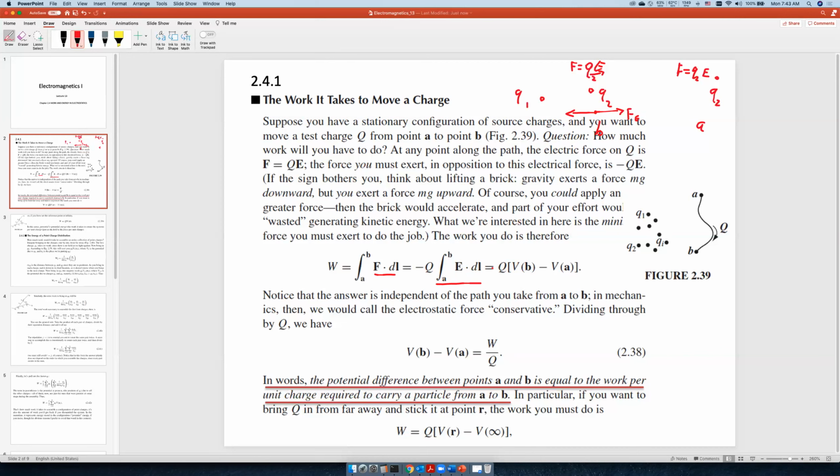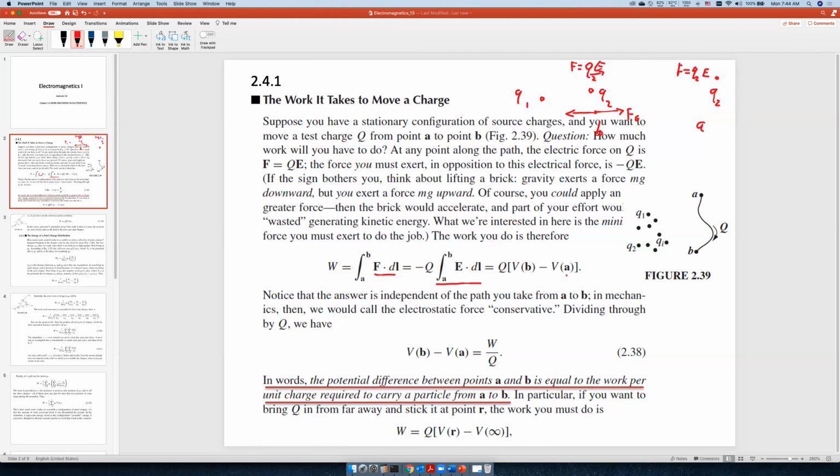It equals the potential of B minus the potential of A. And the answer is independent of the path you take from A to B. No matter which path you choose, the answer is the same: VB minus VA.